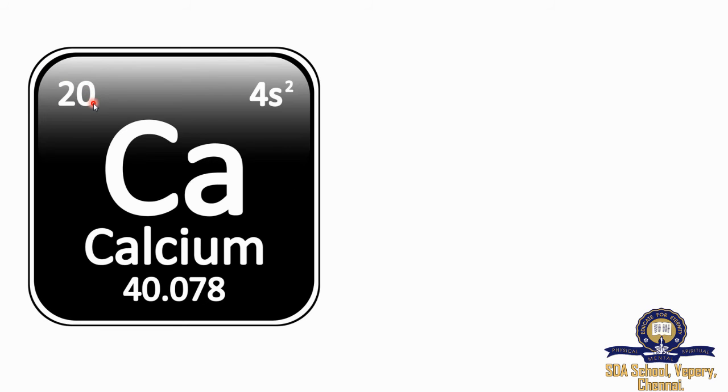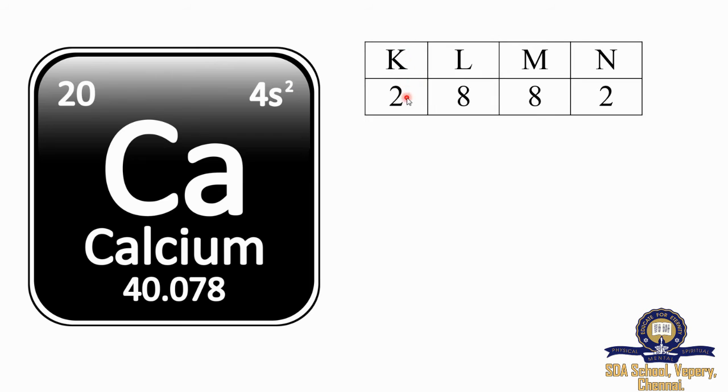It should be distributed as: in the K shell, the maximum number of electrons it can hold is 2, the L shell 8, the M shell 8, and the remaining electrons are located in the N shell. As rule 3 states, the outermost shell cannot have more than 8 electrons. So this is how it can be distributed. These are the 3 rules to be followed in representing electronic configuration.